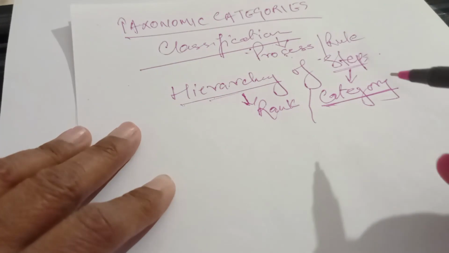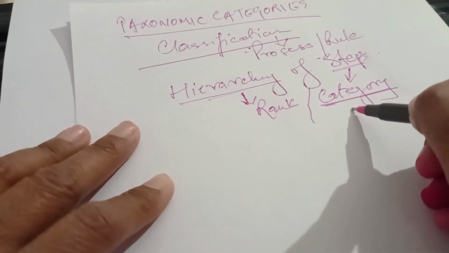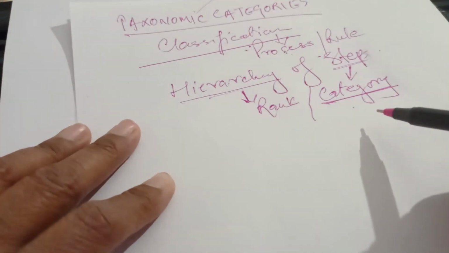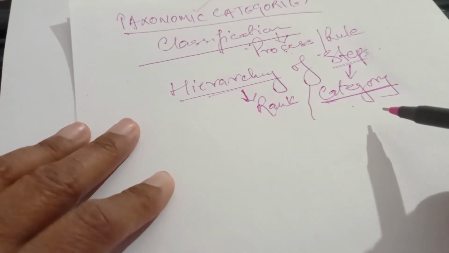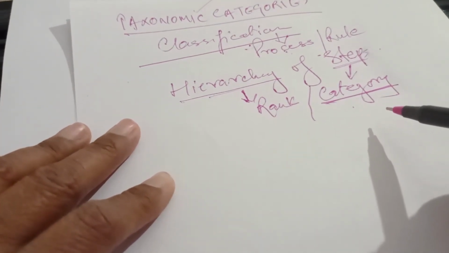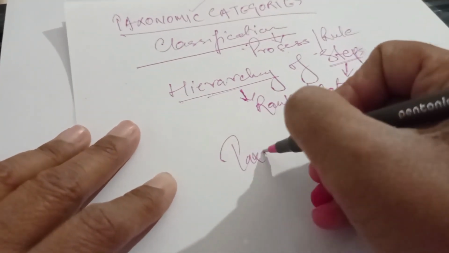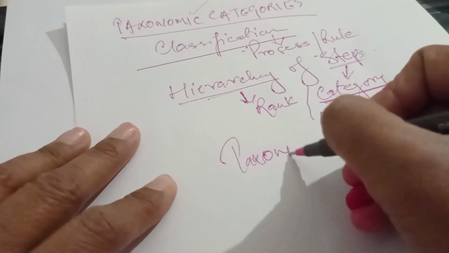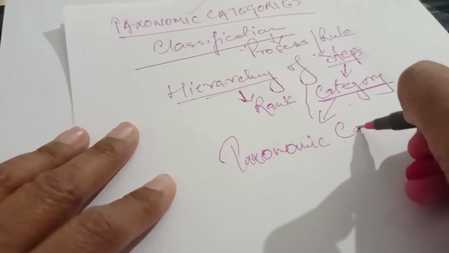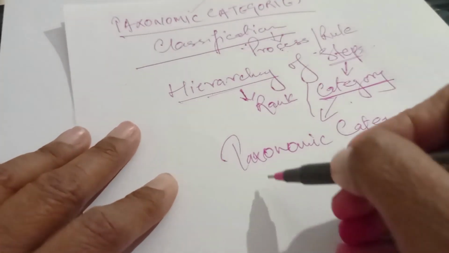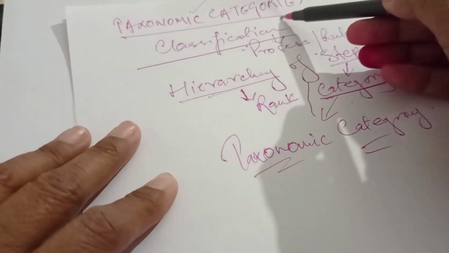And as this category is a part of the overall taxonomic arrangement, it is known as a taxonomic category. Understand what a taxonomic category is.